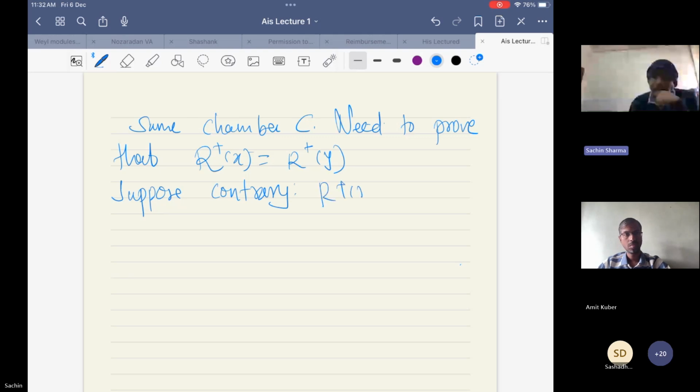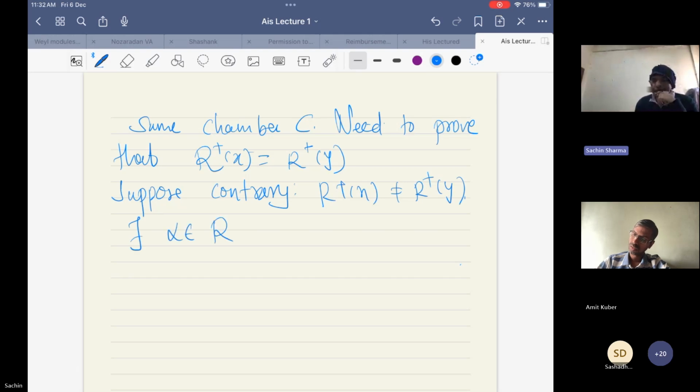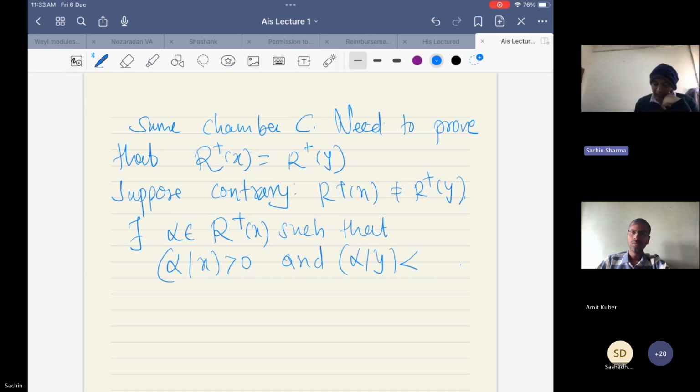Of course, contrary means this will force us that there exists alpha belonging to R plus of x such that alpha of x is greater than 0 and alpha of y is less than 0.